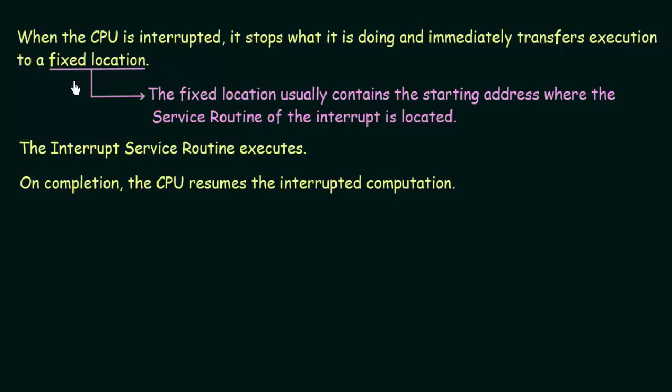Now what is that fixed location that we are talking about? The fixed location usually contains the starting address where the service routine of the interrupt is located. Now we have a new term here, which is called service routine. What is a service routine? Let's not go into the technical details; I'll just tell you basically what it means.